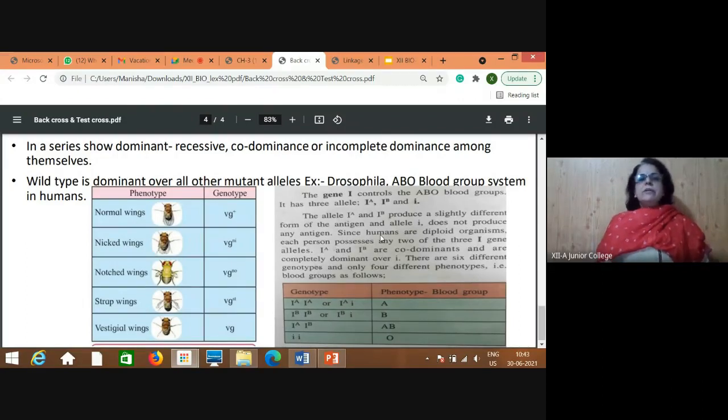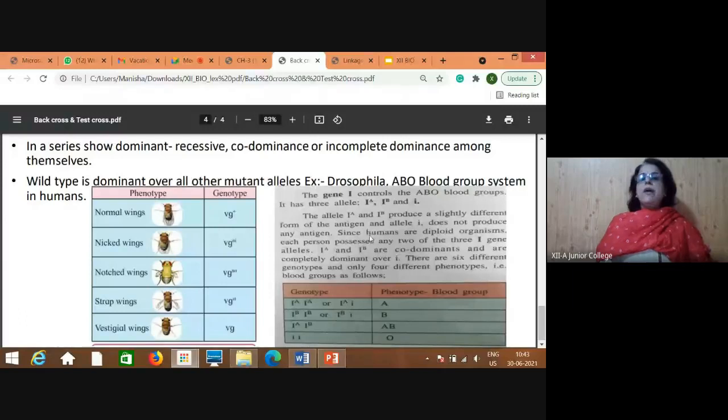Like Drosophila, where only the normal wing is the wild one and the remaining are mutated, in the ABO blood system phenotypically only four blood groups are there, but genotypically there are six.